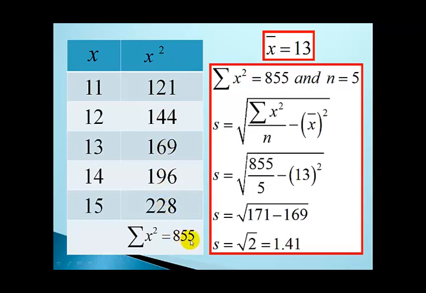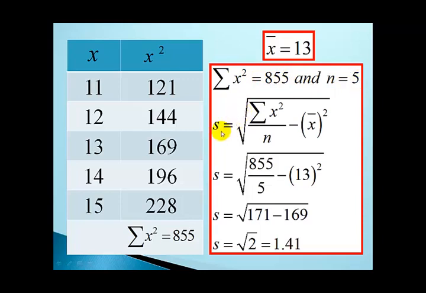I advise you to sit down, take your time, and do it one by one to see that whatever you are doing is correct. It's very important. Summation of x squared is equal to 855. That is when you sum all the x squared values. The x squared values are gotten by squaring all the x values. So summation x squared equals 855 and n is equal to 5.